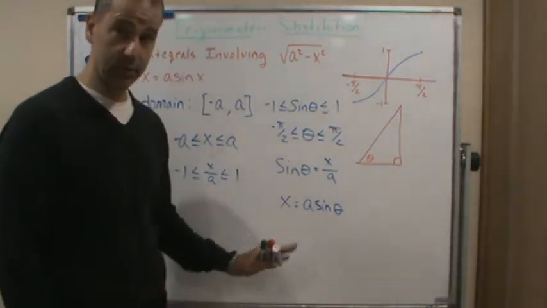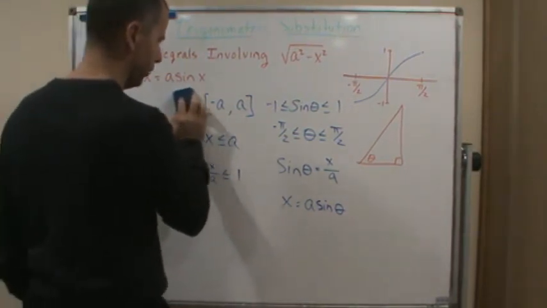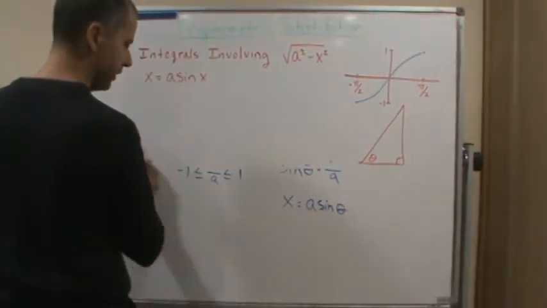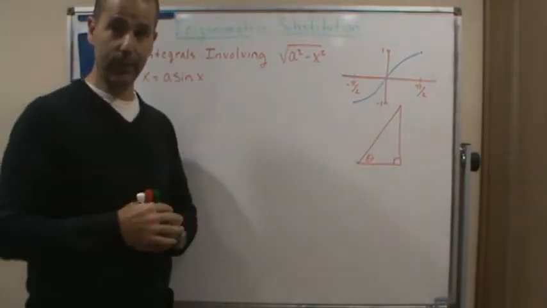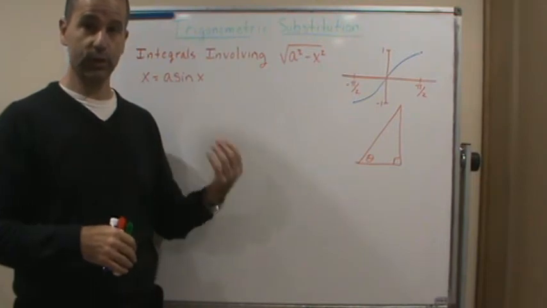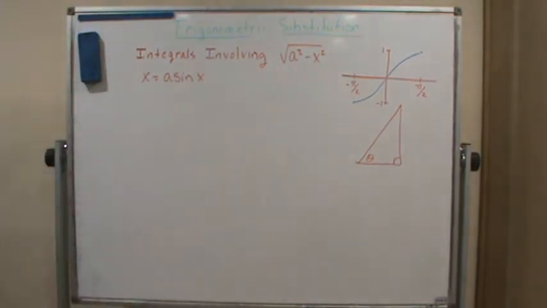Let's use this as our substitution. Look what we get. That's why we came up with x equals a sine theta. Okay, so now let's keep going and do our substitution.